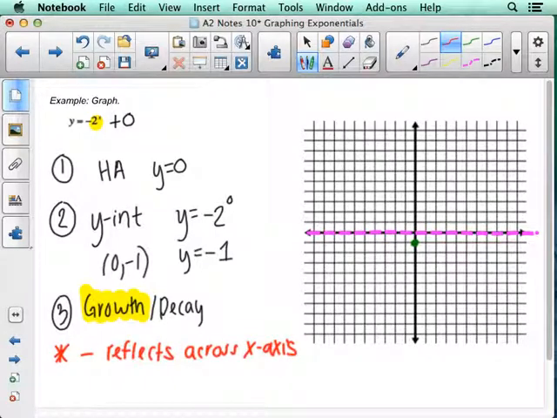So instead of being above the x-axis, it's going to be below the x-axis. And because it's growth, as I go left to right, my graph is going away from the horizontal asymptote. So it looks like this. And that's my graph.